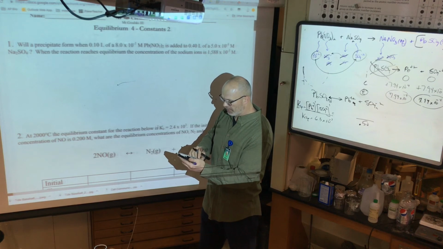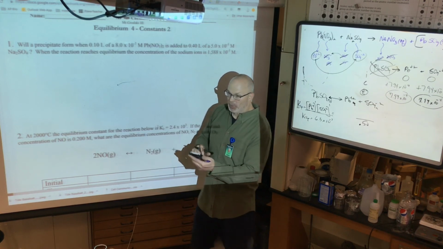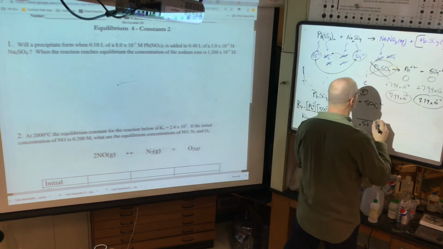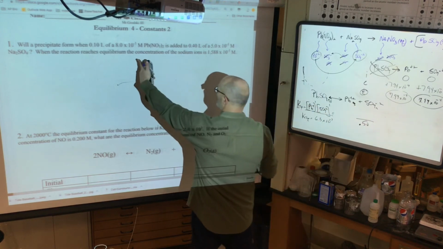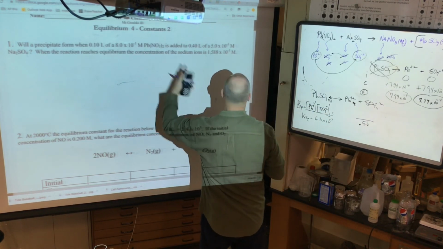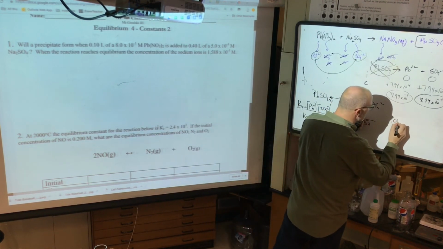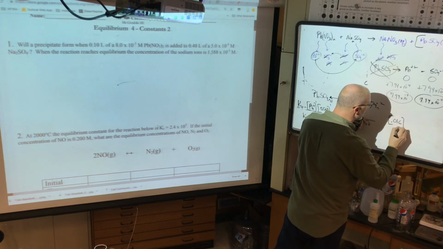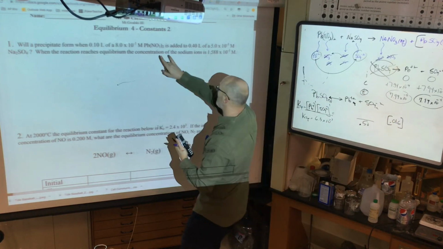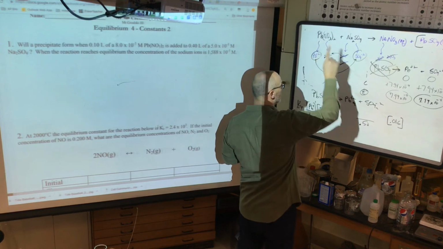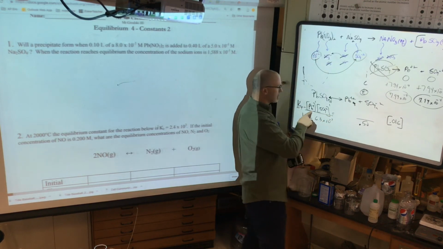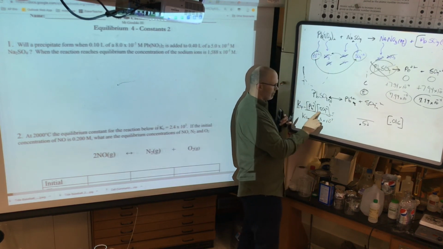That's easy, 0.5, right? Okay, so I get 0.016. What's that equal? That's a concentration of what? Pb plus 2, correct. What's my Q? Isn't the Q the same formula? Yeah. So it's that.